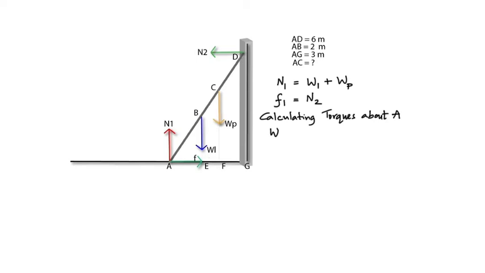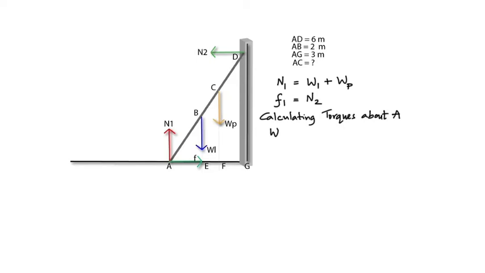So when we calculate torque, we have to pick a point. That's step number one. And step number 2, we have to measure the perpendicular distances from that point to the line of action of the force.